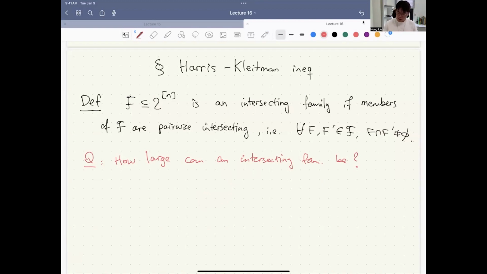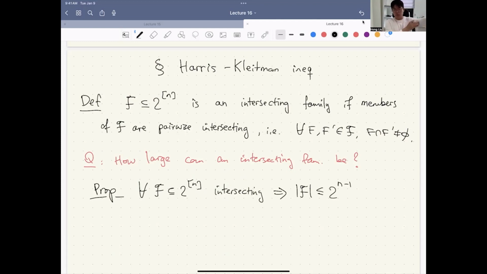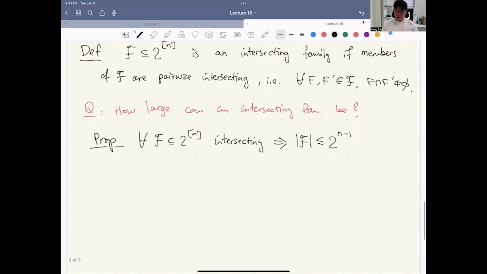Here's a proposition which basically answers this question. For any family of subsets of [n], if it's intersecting, then its cardinality is at most half of all sets. The number of all subsets of [n] is 2 to the n, and half of it is 2 to the n minus 1. Proving this is not so hard.